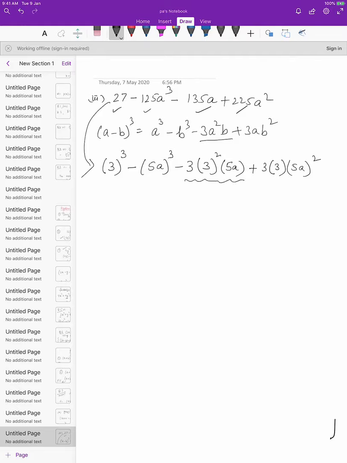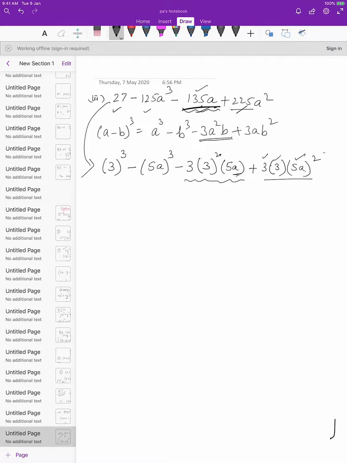Open out this term and check with this, because we have written it in the form of 3a square b, and if it is matching this term 135a, it means it is exactly in the form of the identity. So this will give me 3 3s are 9, 9 3s are 27, 27 into 5 will give you 135 into a. This term 3 into 3 is 9, 5 5s are 25, 25 into 9 will give us 225 and then a square.